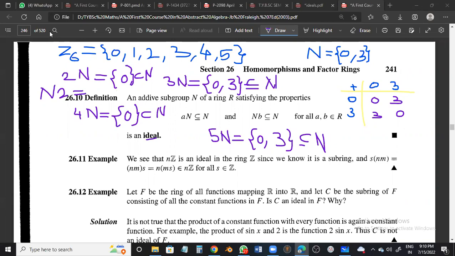If I multiply on the left to the set, multiplying to the set means multiplying each and every element in that set, and that set becomes a subset of my original N, in that case I try with the next element and next and next. Once I confirm that all of these sets are subsets of N, then I try with the right side also, right multiplication. If the multiplication is not commutative, then I'll have to go both ways, left and right. If both are satisfied, then I say N is an ideal.